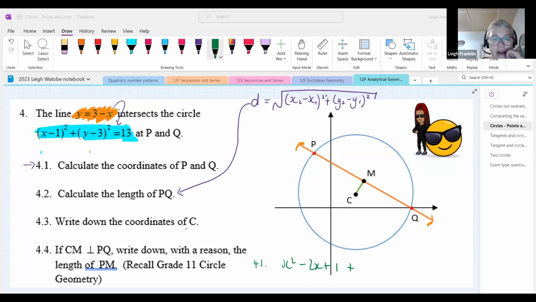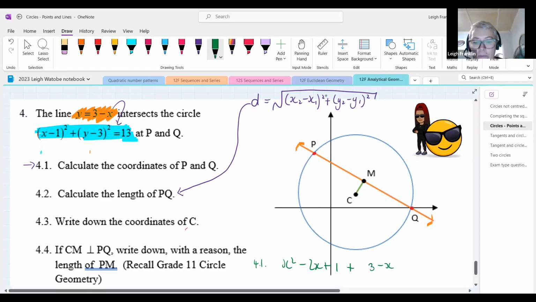Hi, ma'am. Hi there. So, I substituted y equal to 3 minus x into equation number 2, which is x plus 1 squared plus y minus 3 squared equal to 13. So I took the 3 minus x and put it into my y.